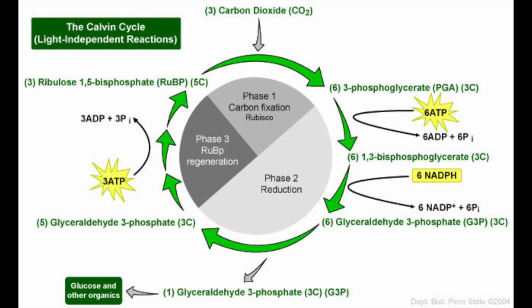ATP and NADPH use their stored energy to convert the 3-carbon compound 3-PGA into another 3-carbon compound called G3P. This type of reaction is called a reduction reaction because it involves the gain of electrons. A reduction is the gain of an electron by an atom or molecule. Regeneration of RuBP is the last step. One of the G3P molecules leaves the Calvin cycle to contribute to the formation of the carbohydrate molecule, which is commonly glucose.